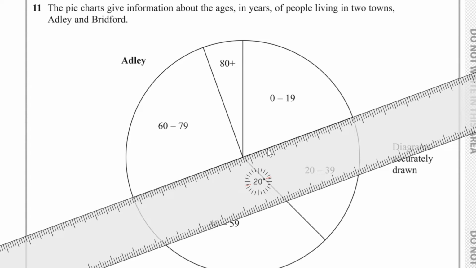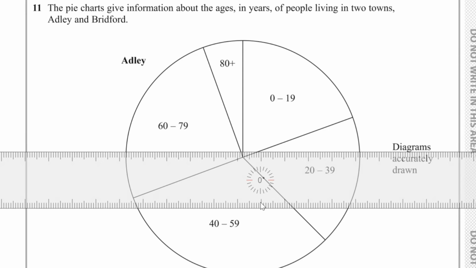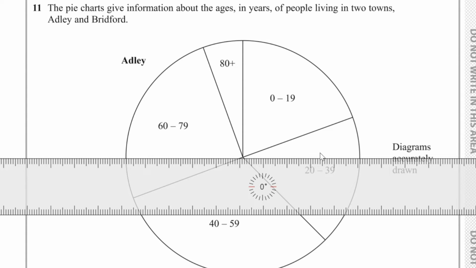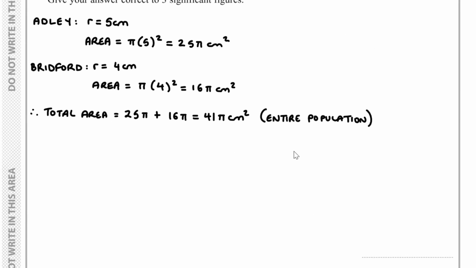This will clearly be 70 degrees because we've got 20 degrees to the horizontal here. Here we've got 0 degrees, so this angle here is 20, so this angle must be 70 because 90 take away 20 is 70. So we have 70 degrees here.